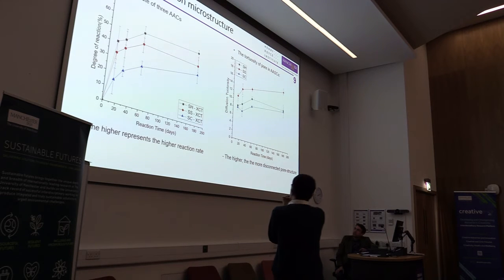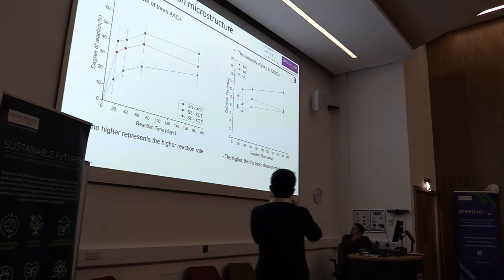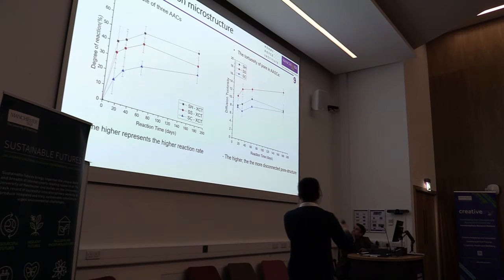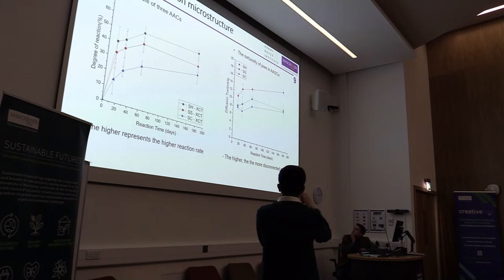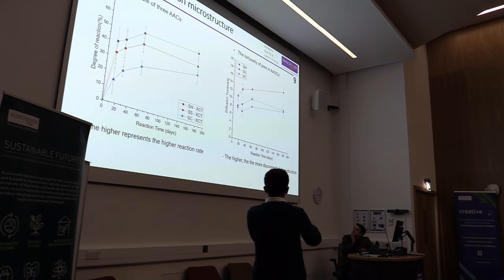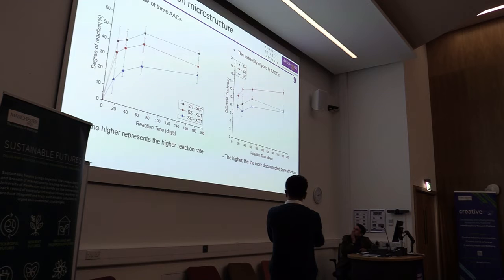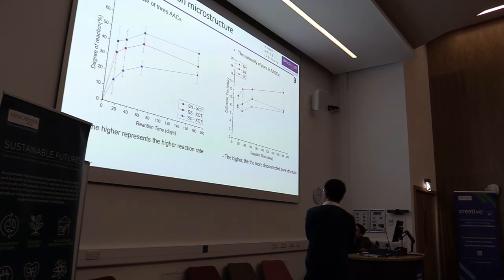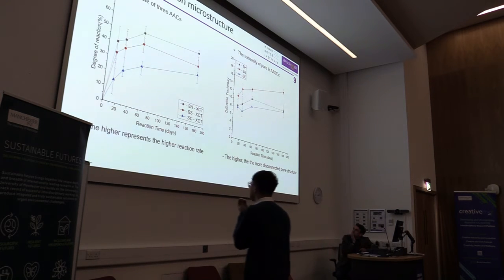So maybe from this aspect, this is the reason why sodium silicate activated cement material has better performance in terms of strength development. Once we know this, from the pore structure and microstructure aspect, we can inversely decide what we want to get in later cement design.